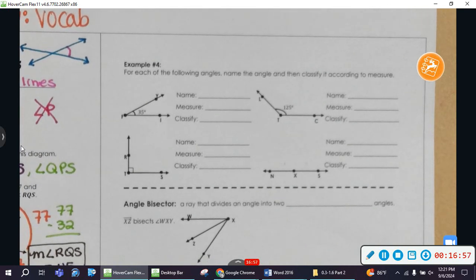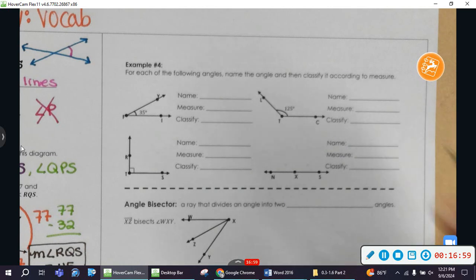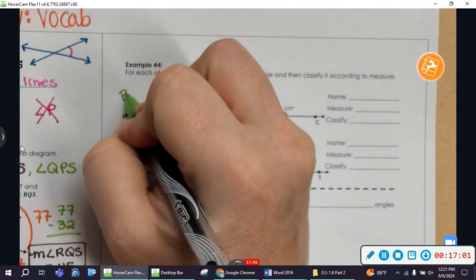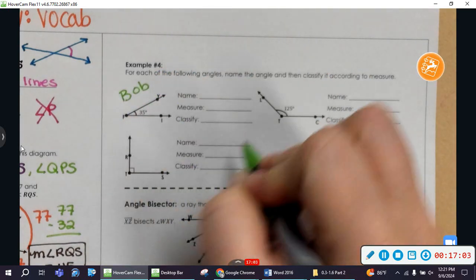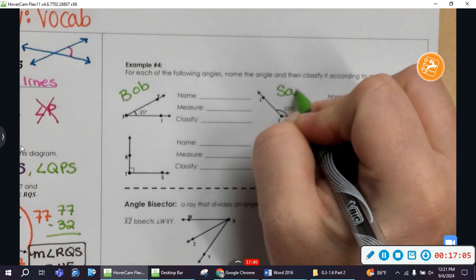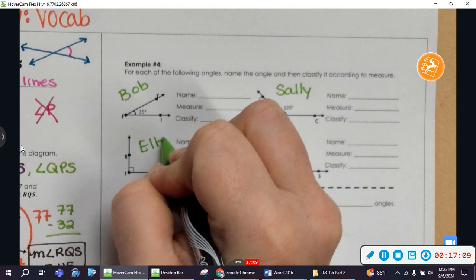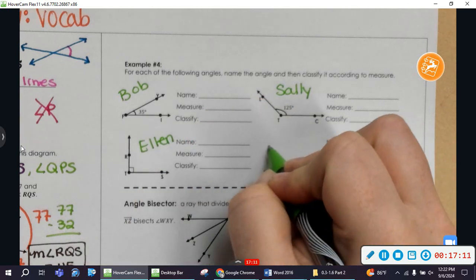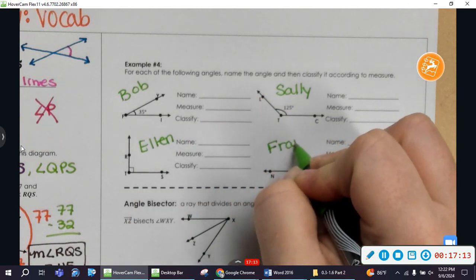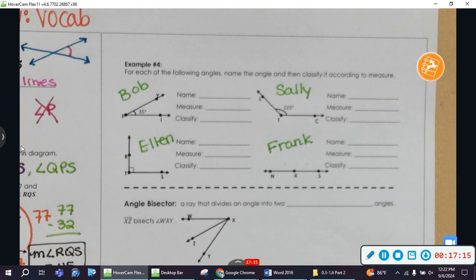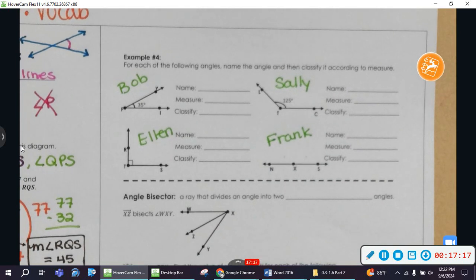So in class, while y'all were filling this out, I was busy writing names on my angle. So I was being silly because, no, that is not how we name our angles. We actually use our letters.